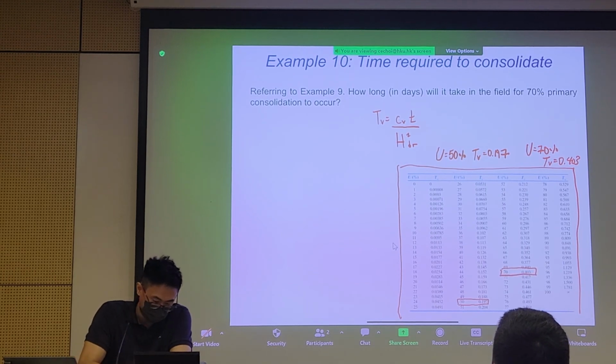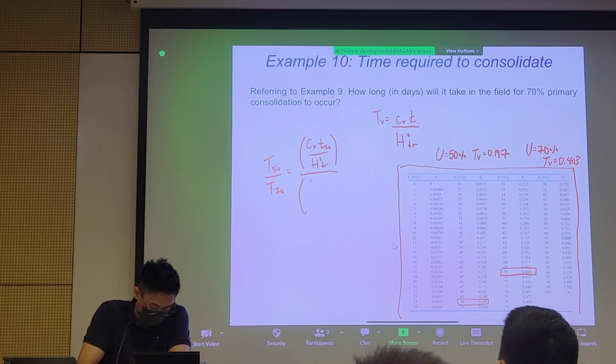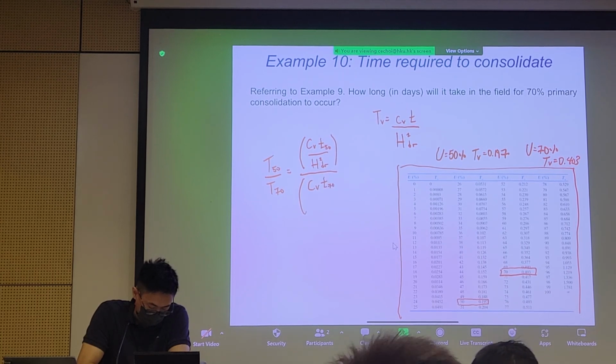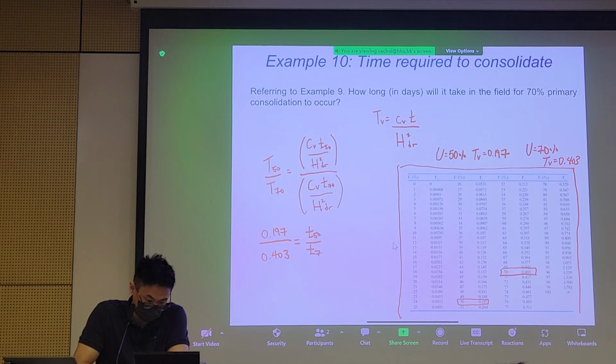So based on this knowledge, what can we do? Well, we know that T50 over T70, solve for T50 over T70.